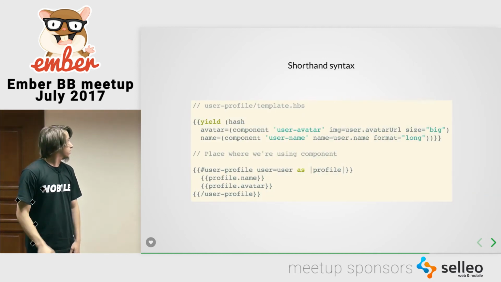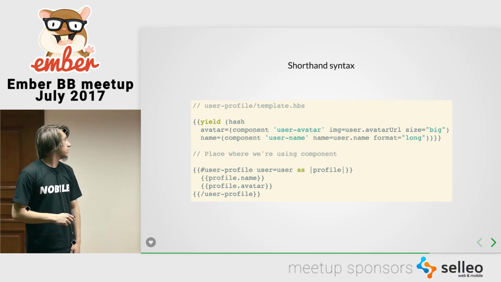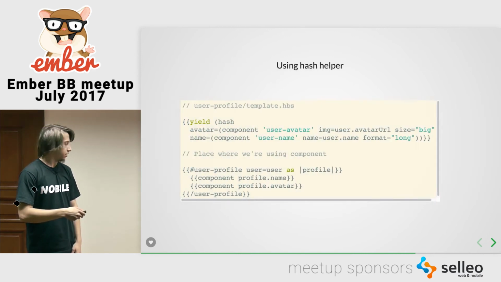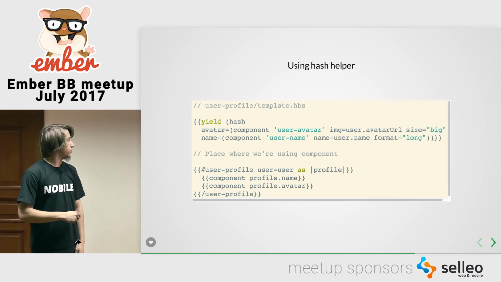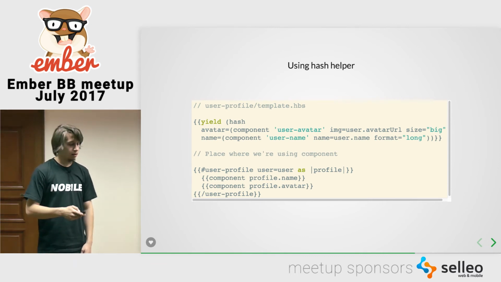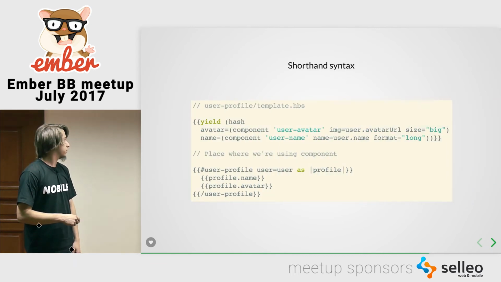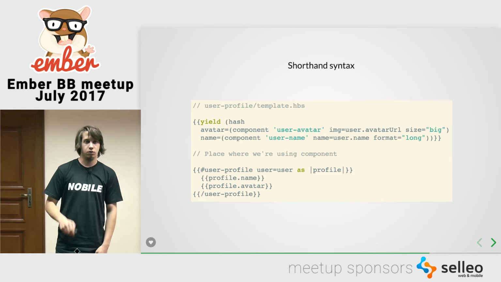Okay. And this is a shorthand syntax. We can see the difference. There we are using the component keyword to render this component from the hash. And there, if we're using the hash syntax, we can just use dot notation and everything should work fine.